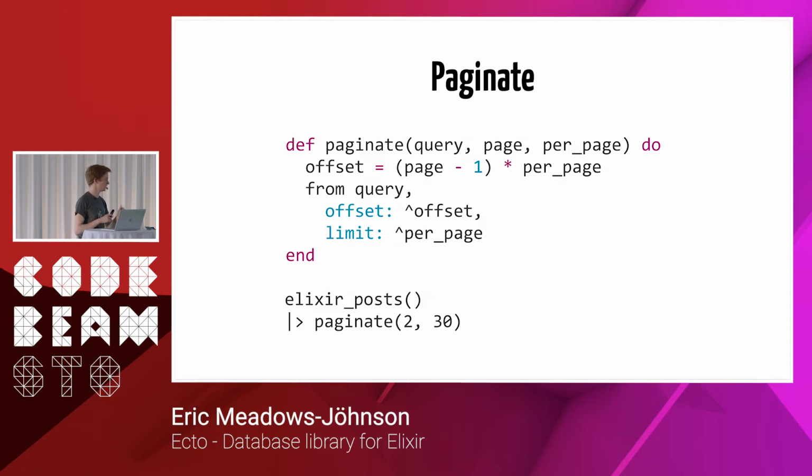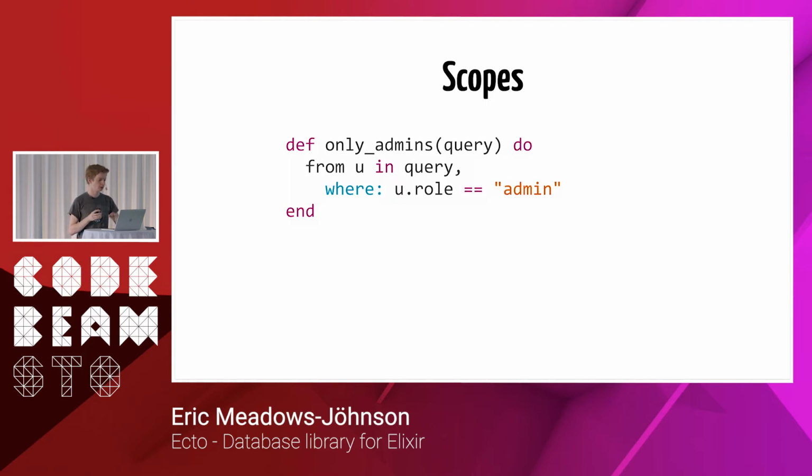And that way we can just take the query for Elixir posts, and we pipe it into a Paginate function that takes the parameters for the given page and the number of items per page. Because we have that, we can easily build scopes without having any special syntax or any special macros for that. We just use the existing functionality for extending queries.